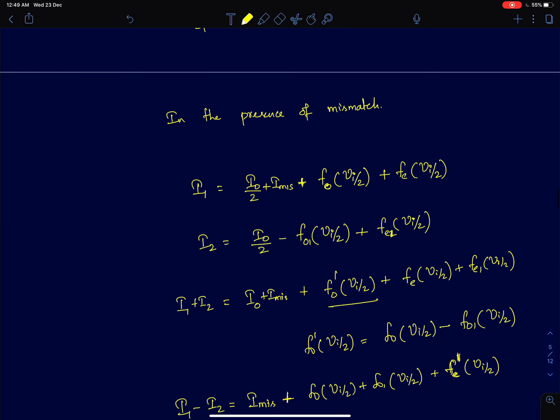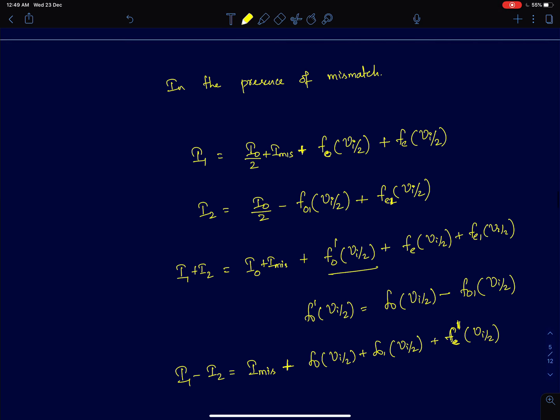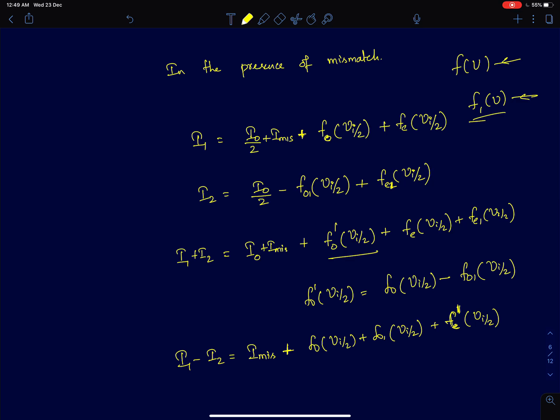Now in the presence of mismatch, both the devices are not going to have the same characteristics. So there will be a slight difference. I'm going to call one device F1 of V, and the other device slightly different, so the characteristic is going to be slightly different between the two differential pairs. In that case, I'll just give the final intuitive result. Previously, when I added or subtracted the two currents, either the odd part or the even part was getting fully cancelled out.